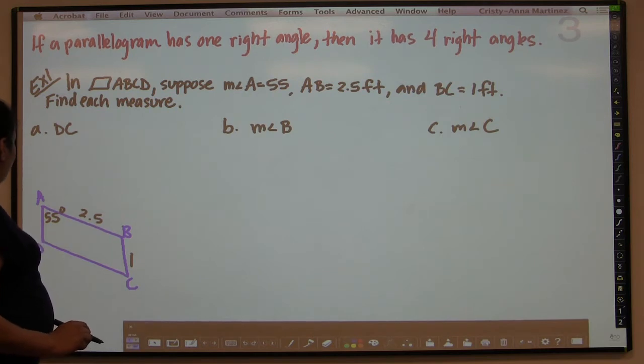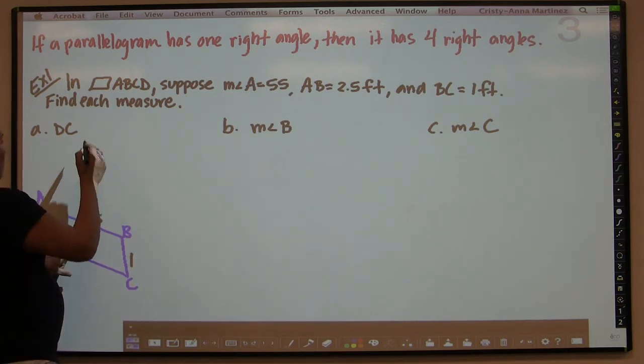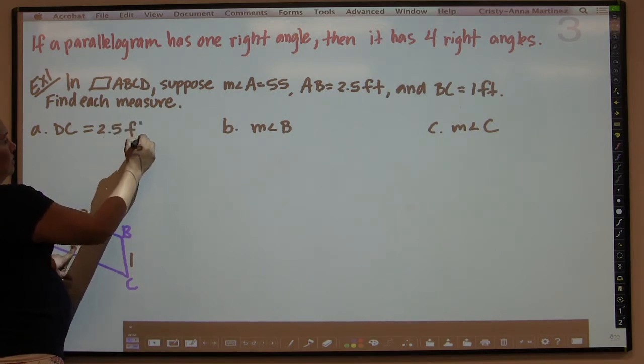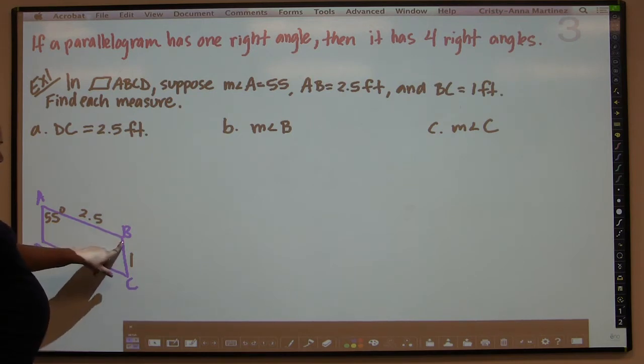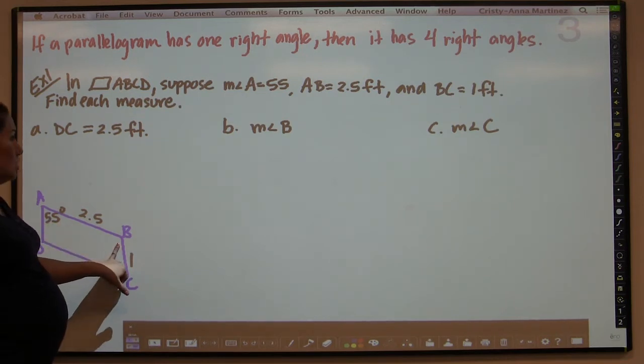They want me to find DC. Since DC is opposite AB, and we know from the previous theorem that opposite sides are congruent, then DC must also equal 2.5 feet. All right, the measurement of angle B. Angle B is over here, and it's a consecutive angle. They're not opposite angles, so angle B is not equal to 55, but we know that A and B should add up to 180.